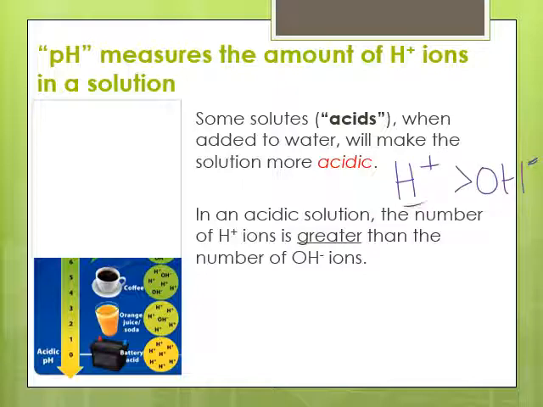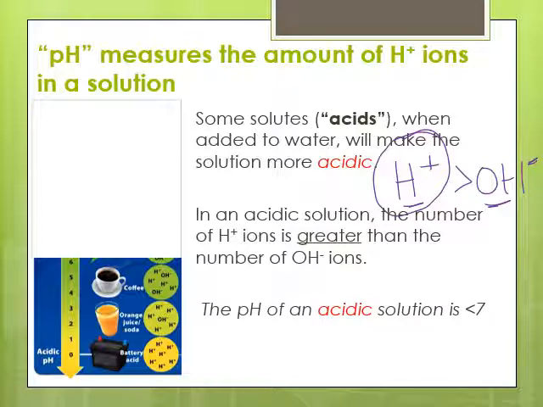You still have both of these present, but it means you have a lot more hydrogen ions than you do hydroxide. So acidic solution is less than 7. So these are things like coffee, orange juice, any sort of citric acid or citrus juice, battery acid, all of those things are considered really acidic.